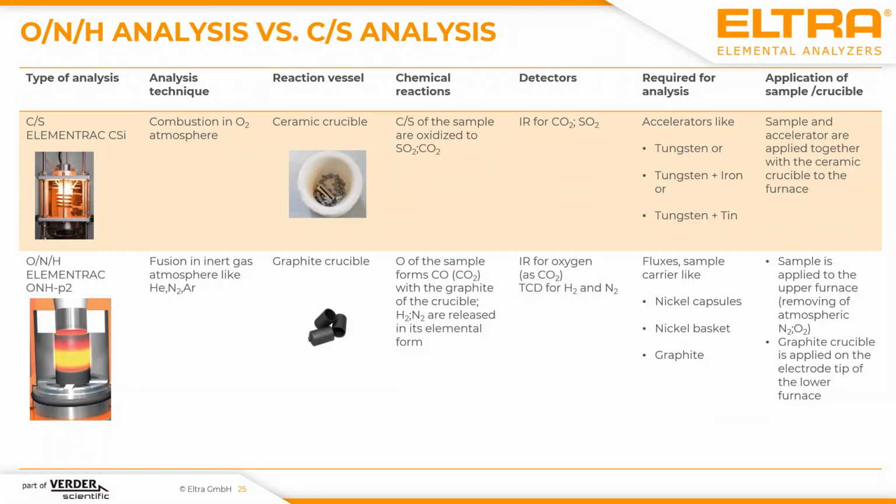Then the sample falls into a preheated crucible, and there nitrogen and hydrogen are released in elemental form, and the oxygen of the sample combines with the graphite of the crucible and releases carbon monoxide. This carbon monoxide is oxidized to CO2, which is the same as in the CSI, which means CO2 is measured in an infrared cell.